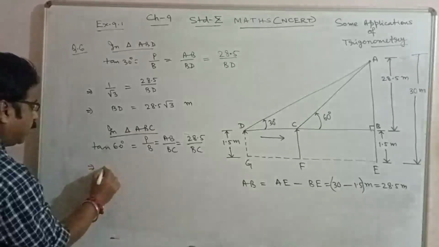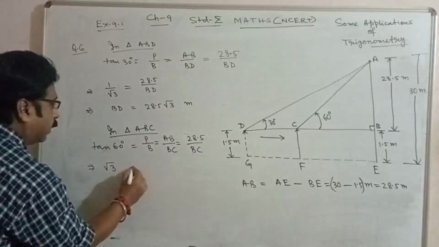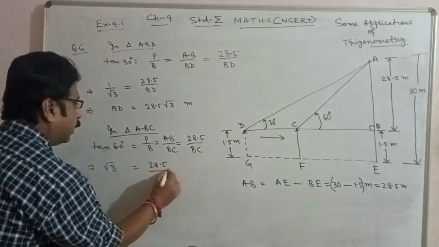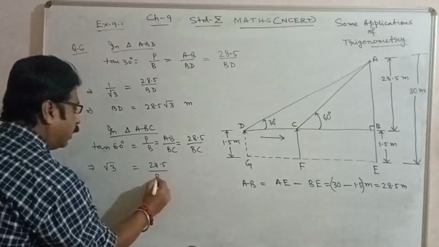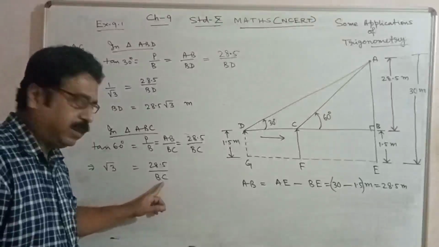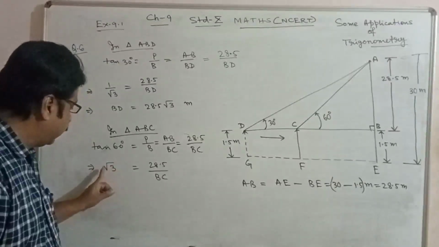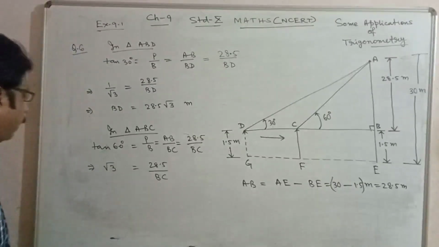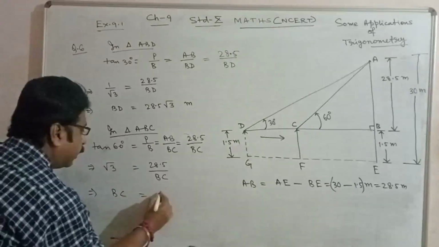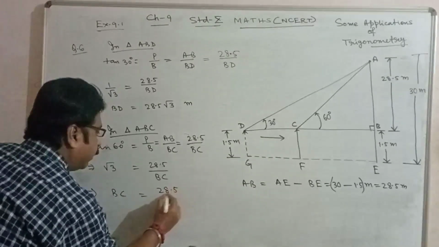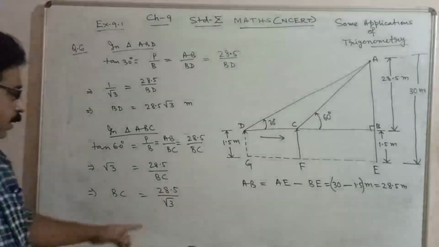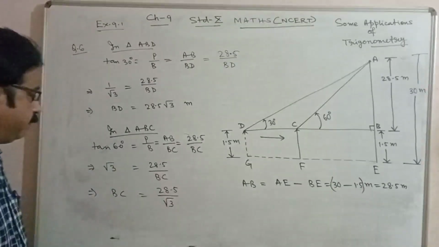Tan 60 means root 3. It will be root 3 equals 28.5 upon BC. Now, see, we can shift this BC here and this root 3 here. BC is 28.5 upon root 3. We can rationalize it.